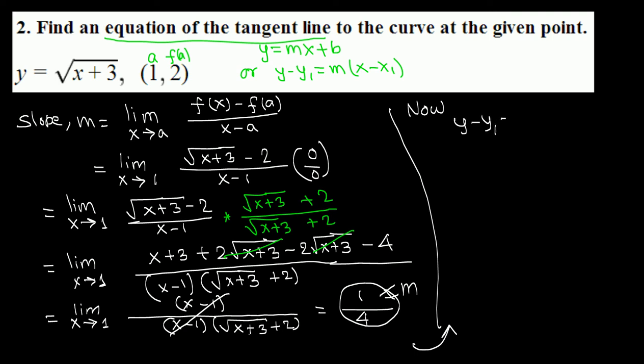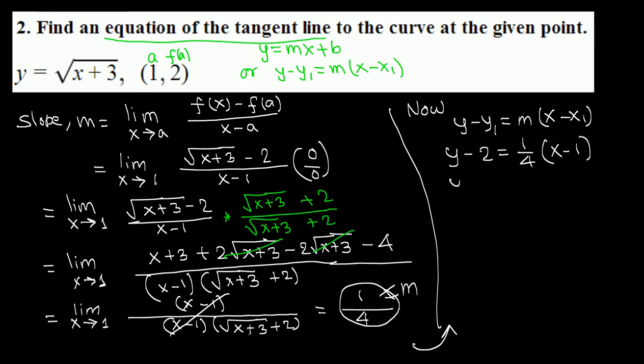y minus y1 equals slope times (x minus x1), where (x1, y1) is the given point, in fact (a, f(a)), (1, 2). So x1 is 1 and y1 is 2, and the slope we just found is 1/4. So y minus 2 equals 1/4 times (x minus 1), because (1, 2) is the given point here.